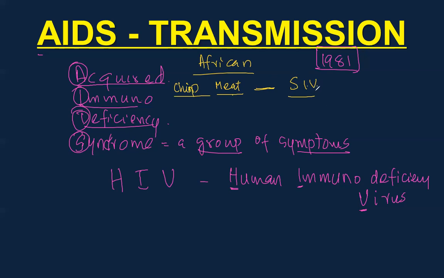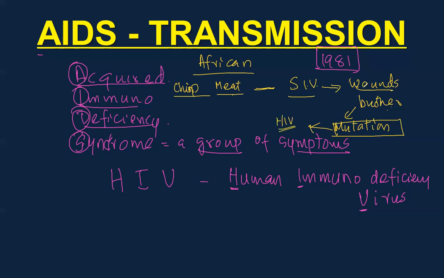It doesn't cause any serious illness in the chimpanzees. And scientists assume that this virus entered through the wounds on the butcher's hands. Okay? Through the wounds, it entered the butchers' bodies and mutated. Mutation happened in the human body. And after the mutation, it could survive in the human body and it became HIV.